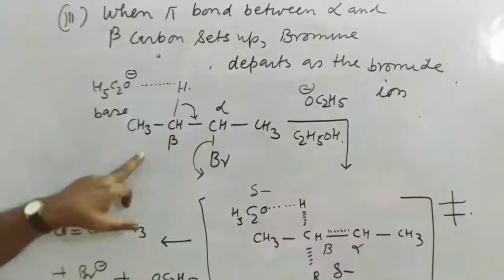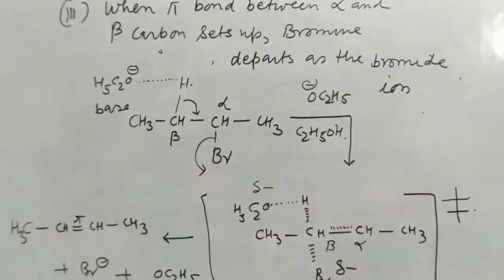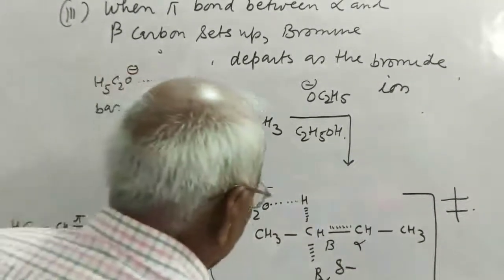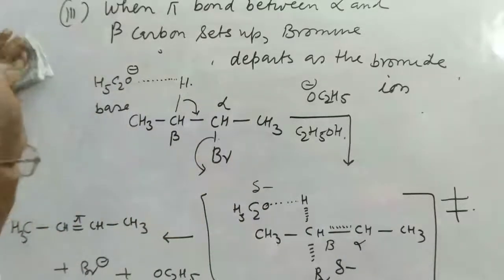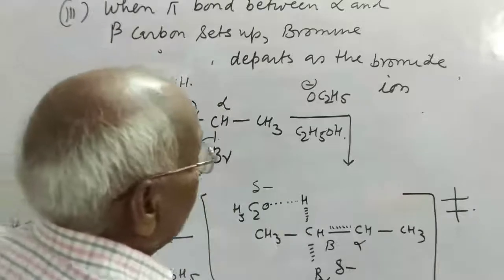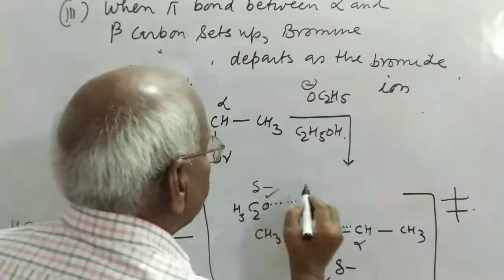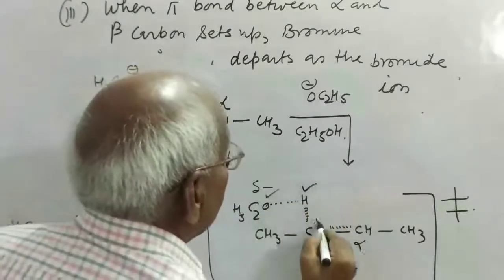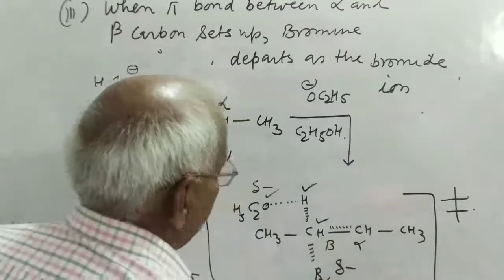So this is the mechanism of the E2 reaction. Now see, this is the transition state. TS means transition state. You see that in the transition state 5 atoms are together. 5 atoms means oxygen atom, hydrogen atom, this carbon and this bromine atom.